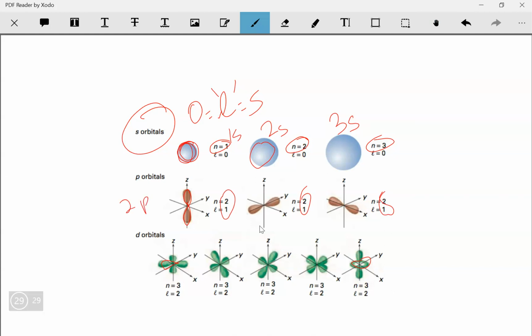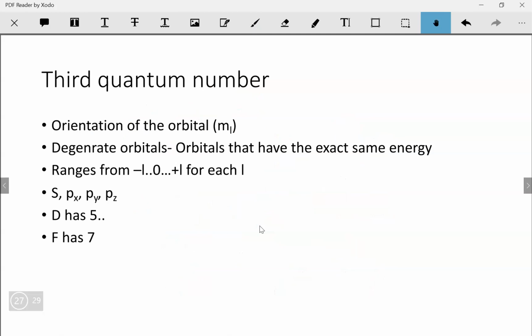This is all 2p, 2p, 2p. They're just oriented along different axes: this is along the z-axis, this is along the y-axis, this is along the x-axis. So these are called degenerate orbitals.